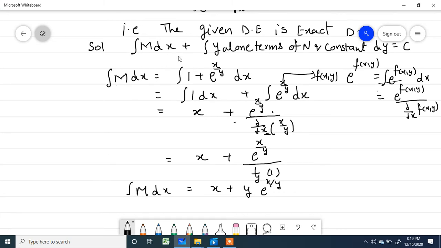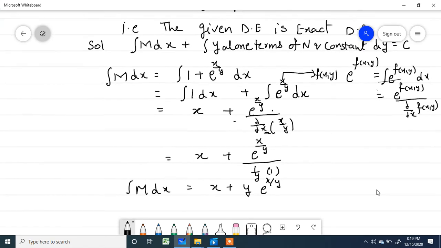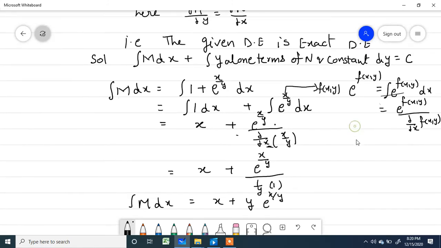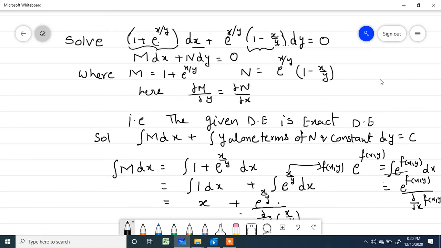Okay, so next we find integral y alone terms of n and constant into dy. Okay, so first let us identify y alone terms of n. That is, we need the terms which do not contain x from n. Okay, see, this is our n.